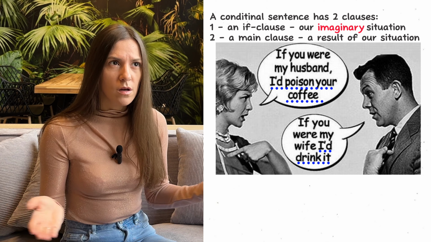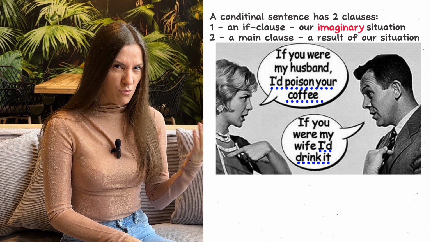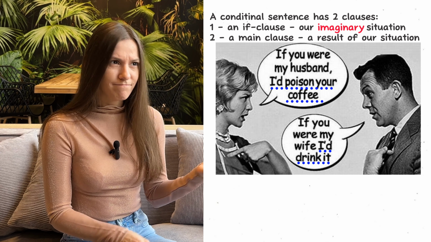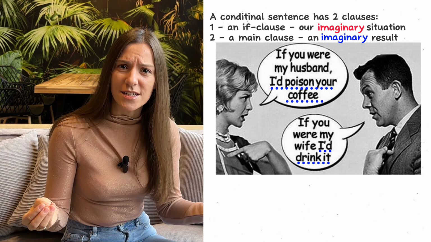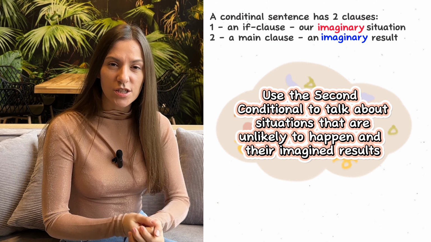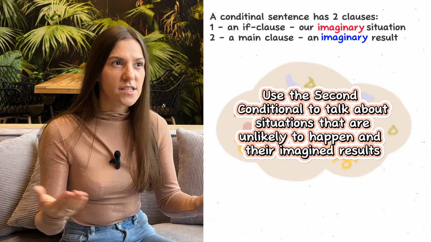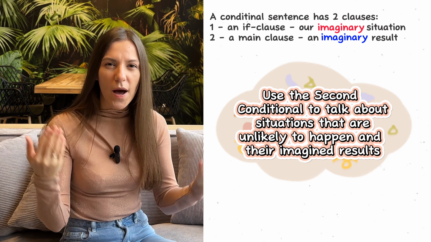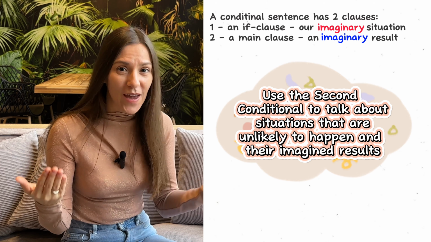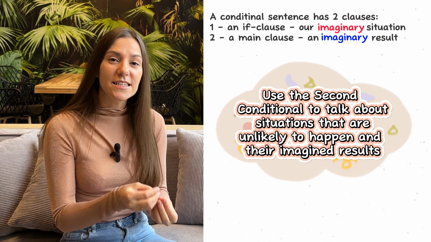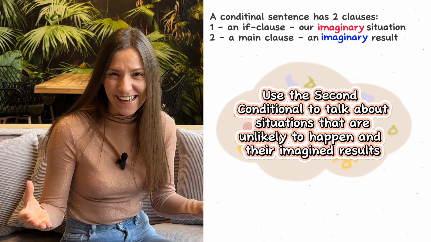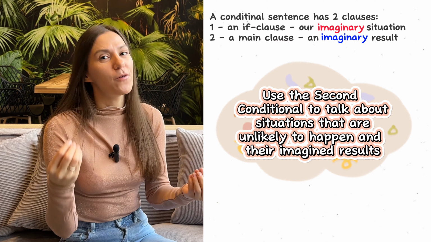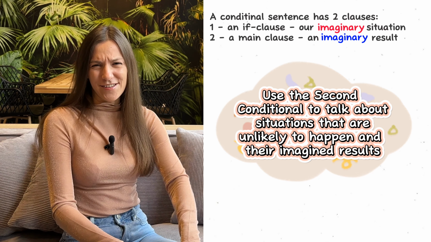Also no. So is this a real result? No. This result is also imagined. So we use the second conditional to think, to guess, to speculate, to talk about an imaginary situation and its imaginary possible results, let's say so.